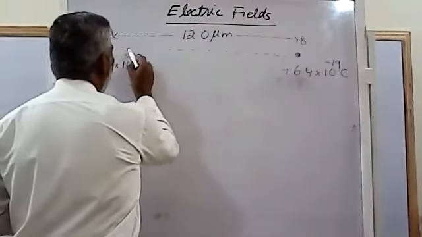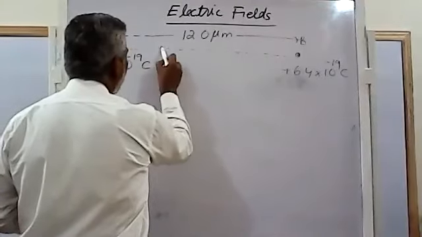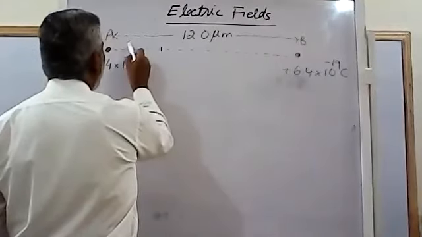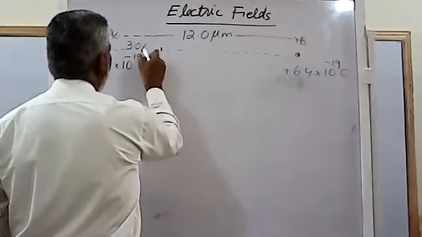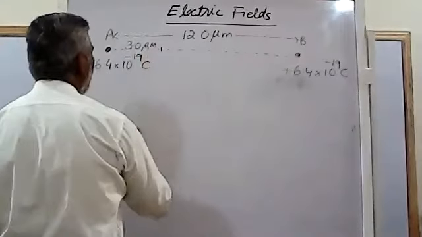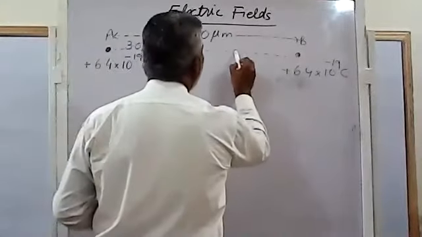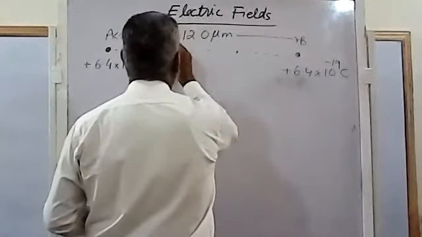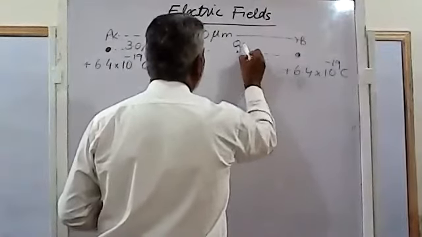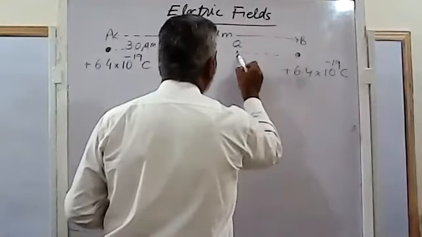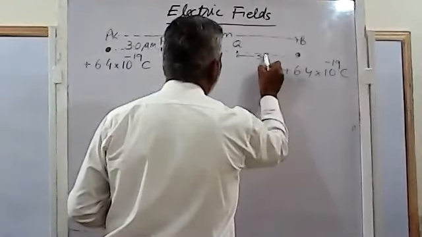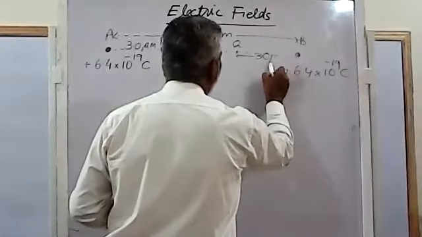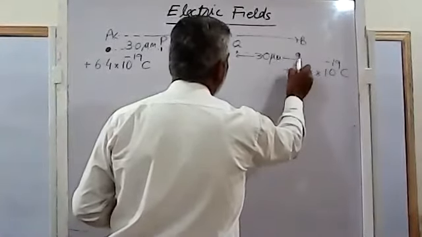There is one point labeled P. This is exactly 3 micrometer apart. And there is a point Q here. This is labeled point P. This is labeled Q. And it is also exactly 3 micrometer apart.